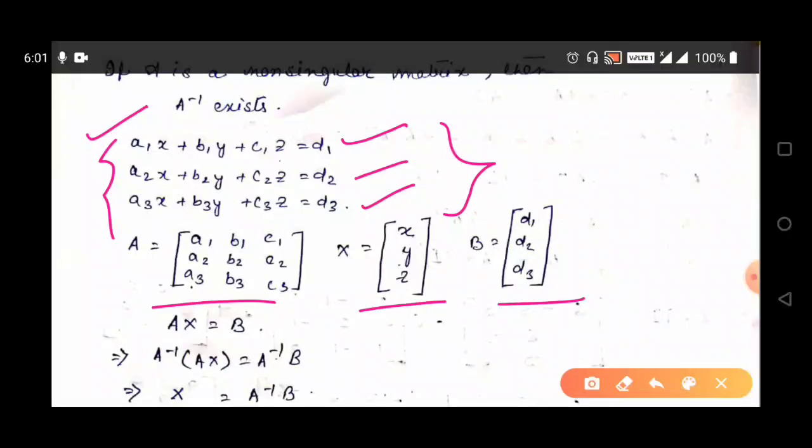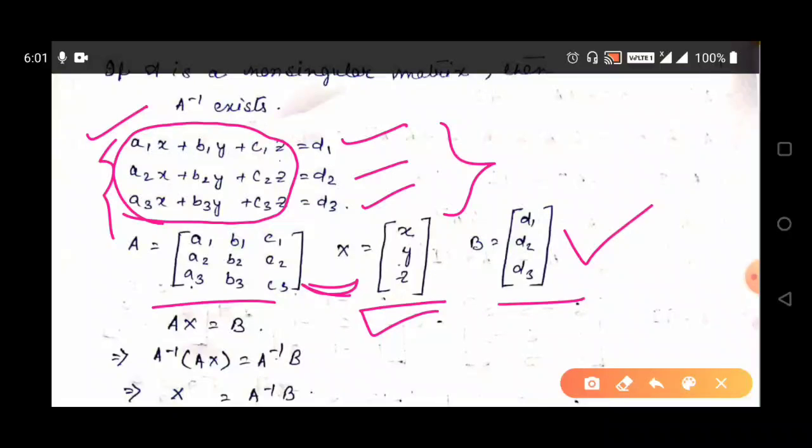So here we have written x as a column matrix and b as a column matrix. Now you see, if you multiply A and X, you will get these things inside a matrix. Since A is a matrix of order 3 by 3 and X is a matrix of order 3 by 1, AX will be a matrix of order 3 by 1.